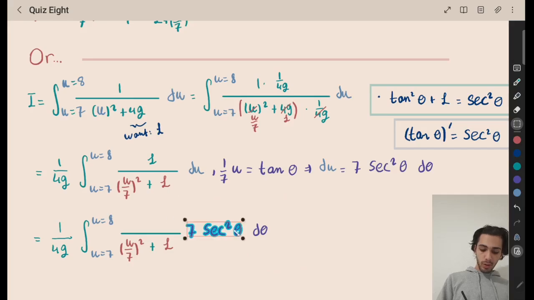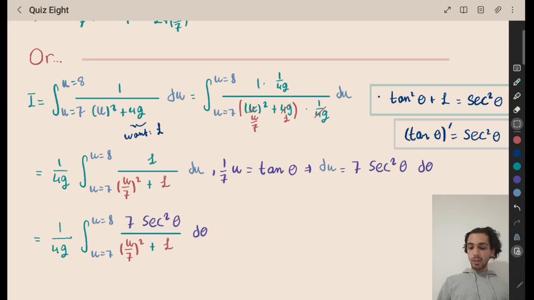Maybe I can put this on top. And the magic also happens when I put in my tangent of theta. Remember, this was squared and added 1 to it. So I will just apply the identity.